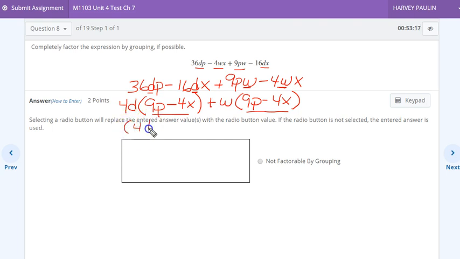So 4D plus W, and then this common factor here, 9P minus 4X. And that's my answer. And once again, this is what you should be writing out on your blue sheet. And you check it. 4D plus W, 9P minus 4X. So that looks good.